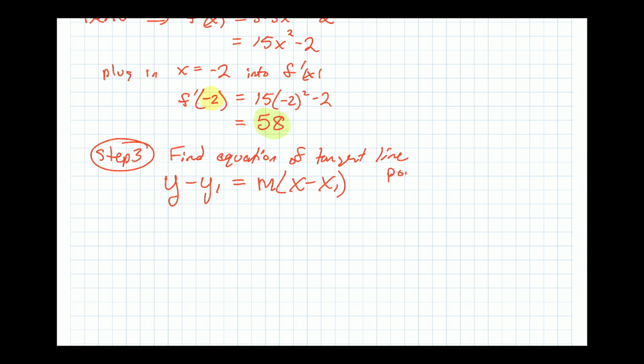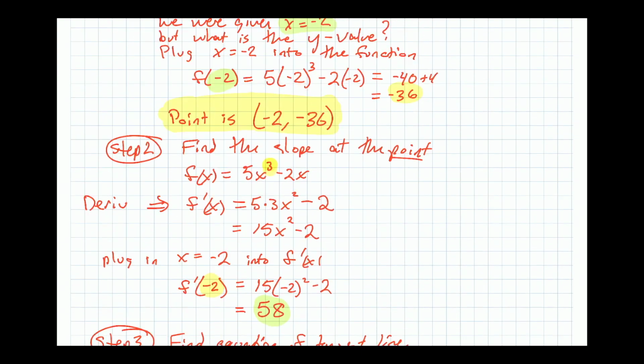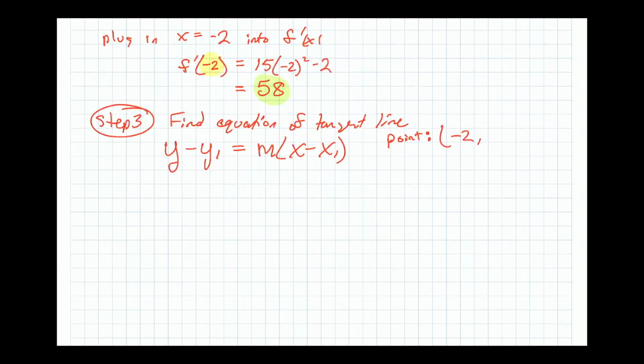So remember, the point that we were given, not given, we actually had to find, was -2 comma -36. And the slope that we found, we did have to find ourselves, was 58. And so if I highlight this with 3 different colors, right, I've got the point has an x value, the point has a y value, and then the point has a slope. So there's 3 things there.